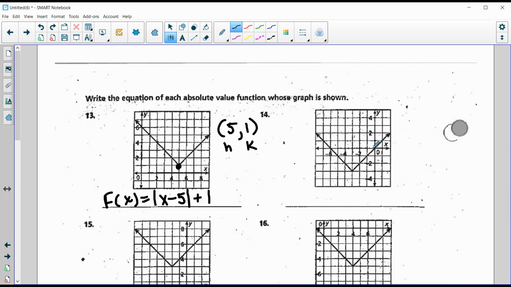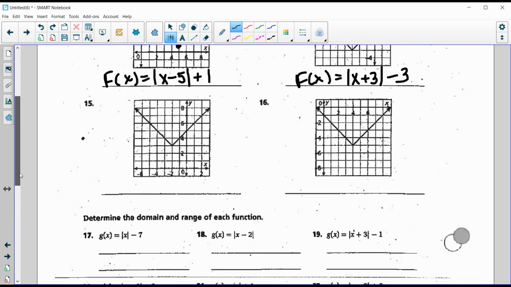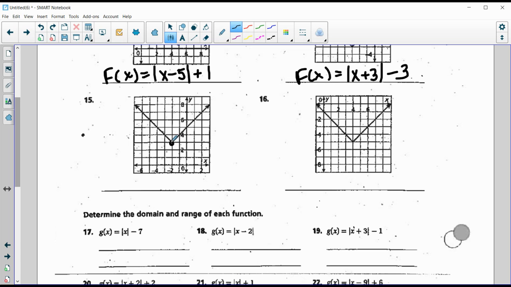For this one, I went 3 left and 3 down. So the vertex is -3, -3. That's h and k. So inside the absolute value, I do opposite of h, +3. Outside the absolute value, I do k, -3. Here, my vertex is -2, 3.